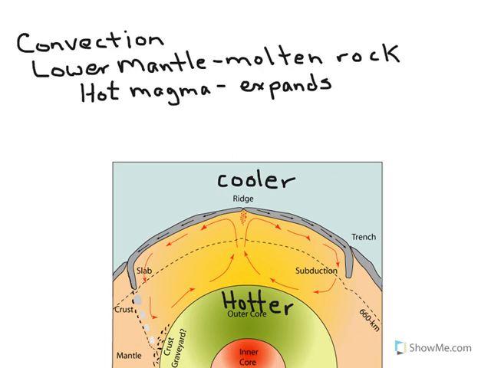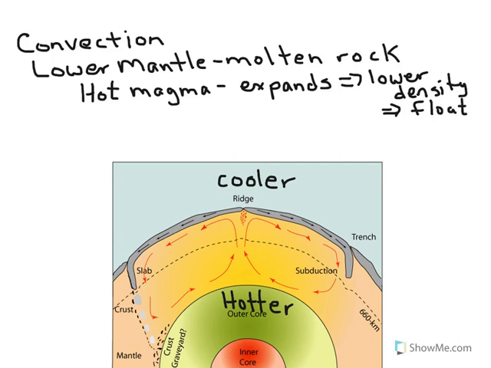And when you take the same mass and expand it to a larger volume, that gives you a lower density. And the lower the density, the more likely it is to float.